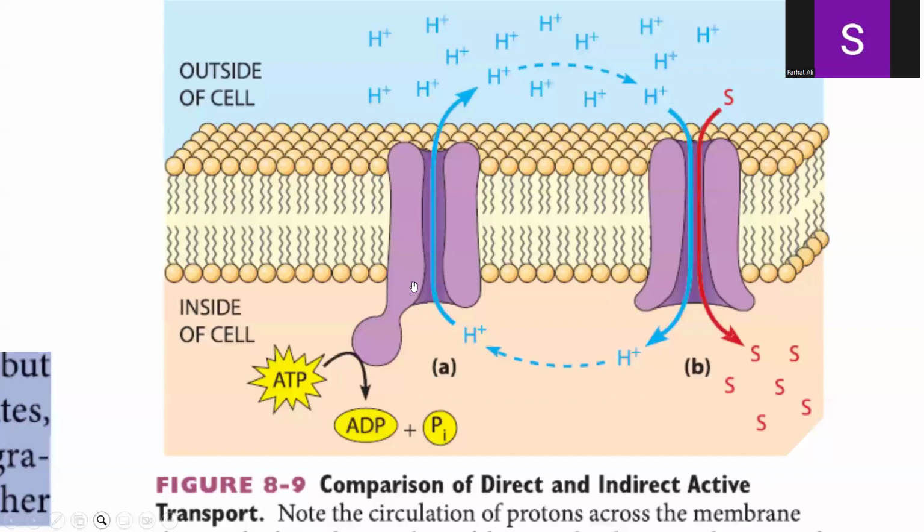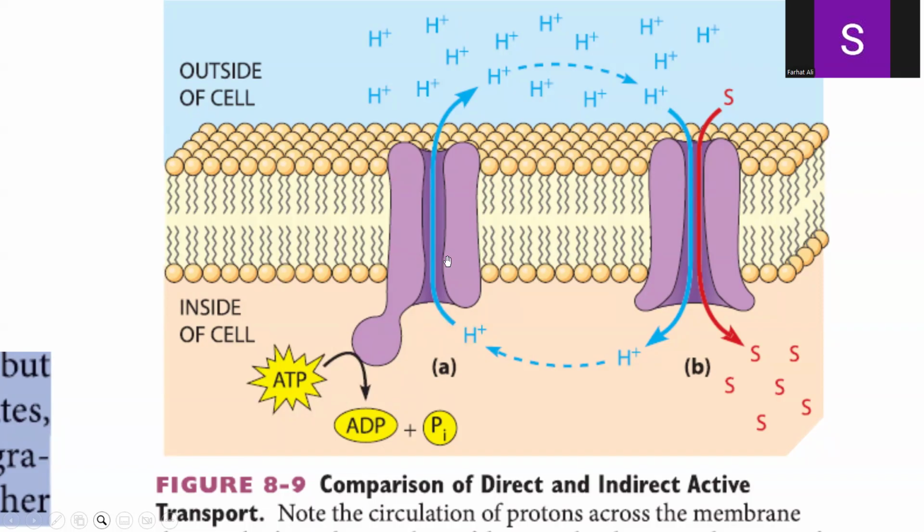As you can see here in the figure, this is a protein embedded in the membrane, which hydrolyzes ATP and then pumps the solute particles here. The substance which is going to be transported moves against the concentration gradient. Therefore, it requires input of energy by ATP hydrolysis. The substance being transported here is protons. So in this manner, energy is obtained directly by the hydrolysis of ATP.